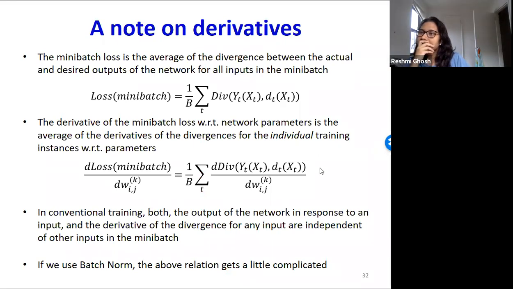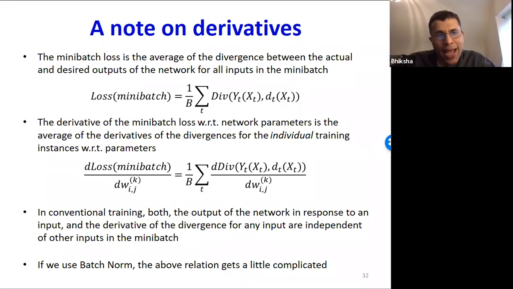So now this business of batch norm actually ends up causing some grief. Traditionally, in the usual training, the mini batch loss for any mini batch is the average of the divergences for the individual training instances in the mini batch. The divergence for any term is a function of the output of the network in response to that input and the desired output for that training instance.